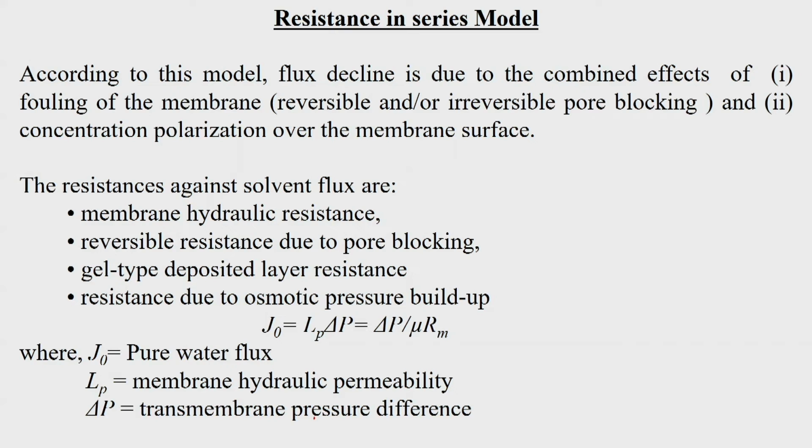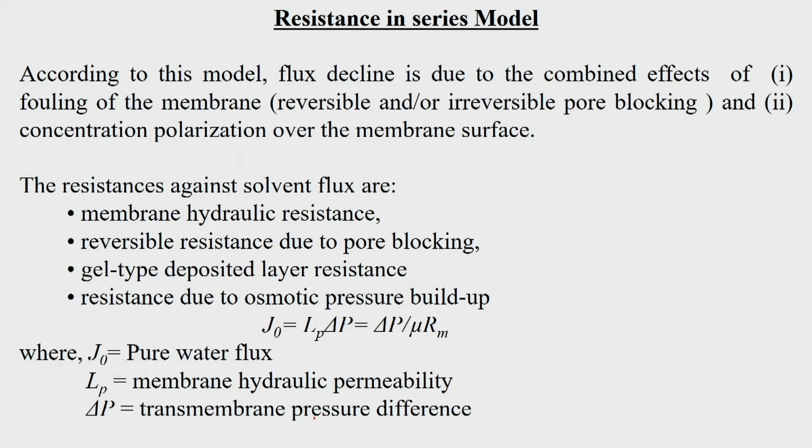That is why, with time, the throughput will go on decreasing. Several resistances, due to pore blocking, gel formation, or osmotic pressure build up, will go on increasing. The membrane hydraulic resistance will remain constant, because it is an intrinsic property of the membrane, but the other resistances will go on increasing. That is why the throughput decreases with time.